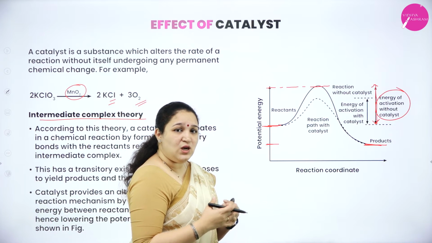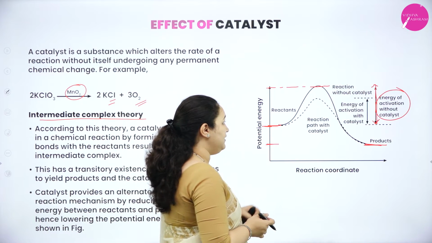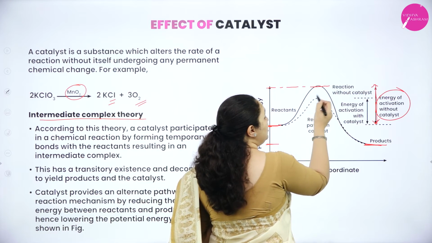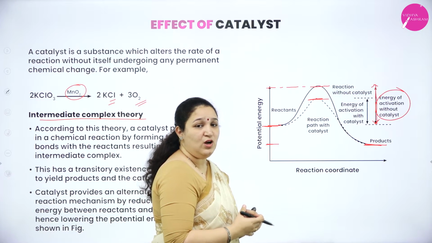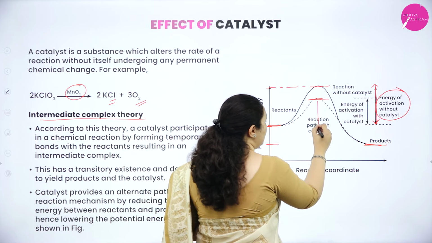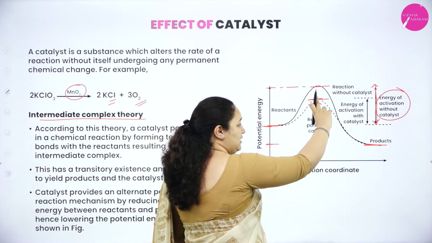The catalyst will collide or react with the reactants and form a new complex. A new intermediate complex is formed for which the activation energy itself is smaller. You can see it is just so much.